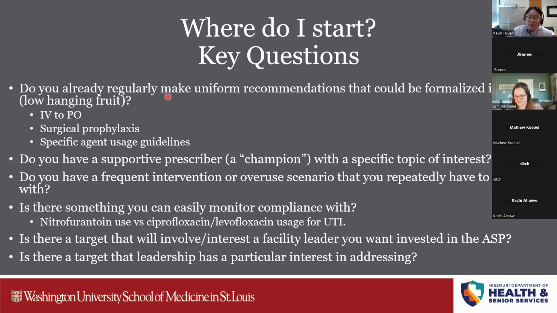Do you already regularly make uniform recommendations regarding some kind of change or appropriate use of antimicrobials that you could just formalize in writing? Oftentimes hospitals have routine IV to PO substitutions that they make, routine recommendations around surgical prophylaxis, specific usage guidelines around certain kinds of agents.